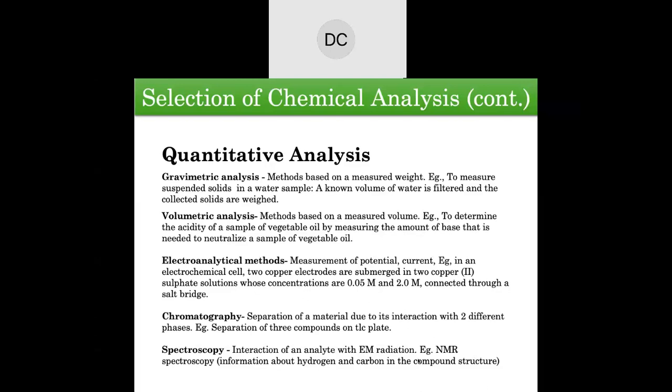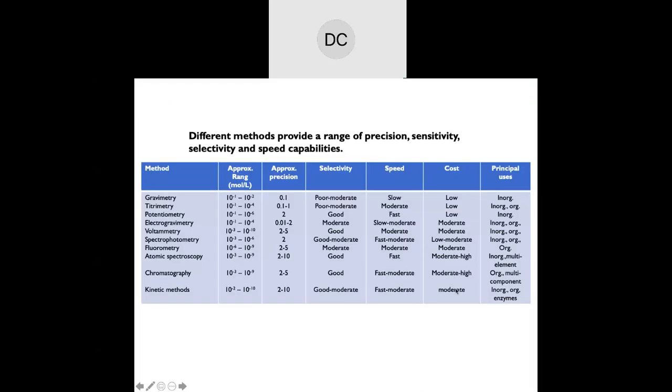Sekejap ya. Next, these are different methods that provide a range of precision, sensitivity, selectivity, and speed. Okay, ini kalau kita tengok, each and every method will give you different precision, sensitivity, selectivity, and speed capabilities. If you look at the gravimetry, the speed is low, the selectivity is not very good, it's poor to moderate.